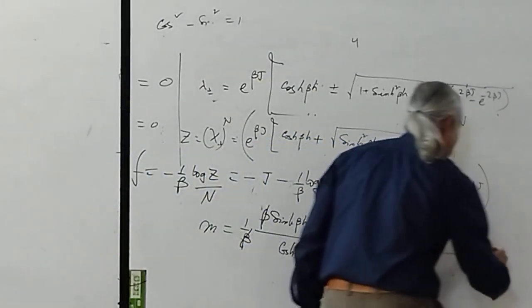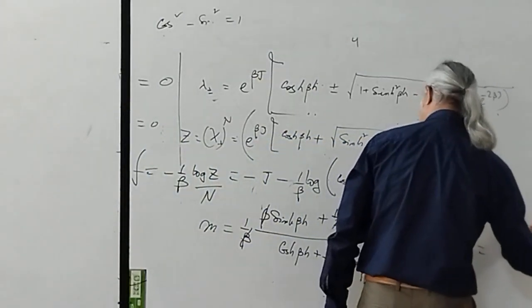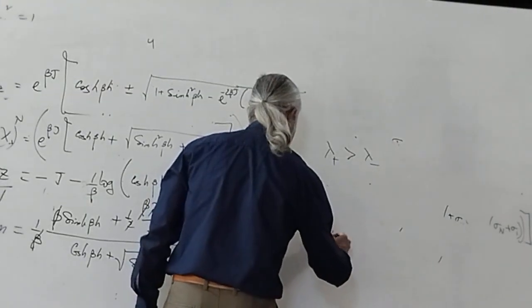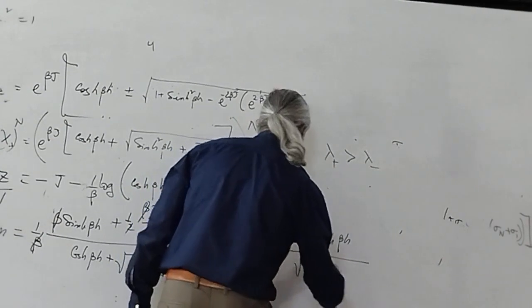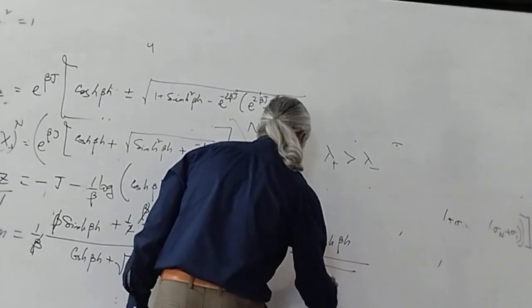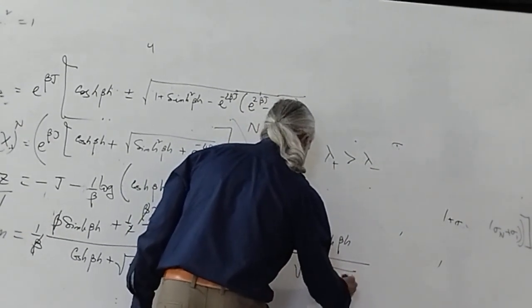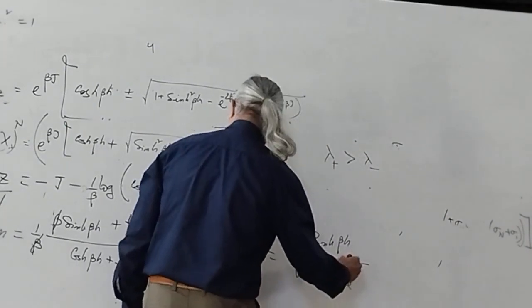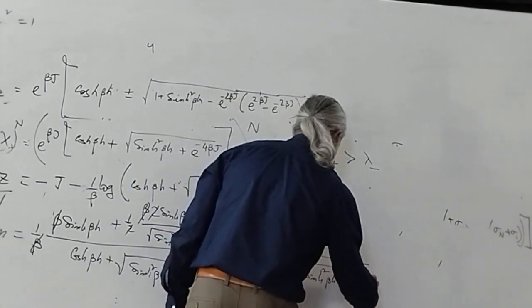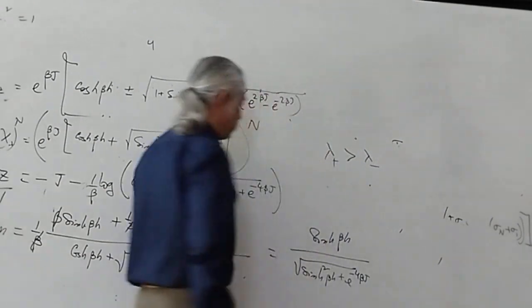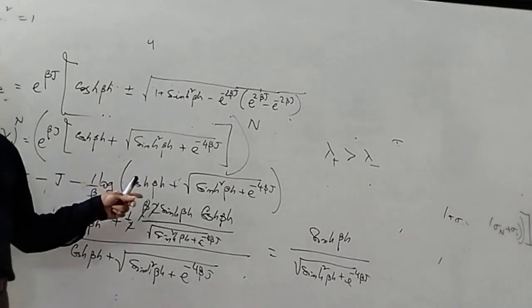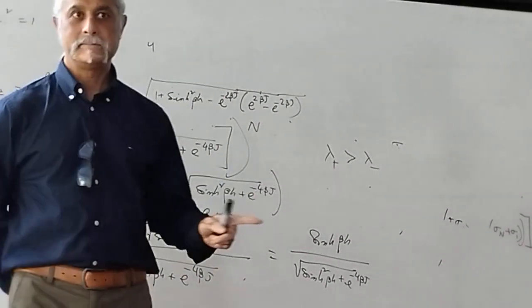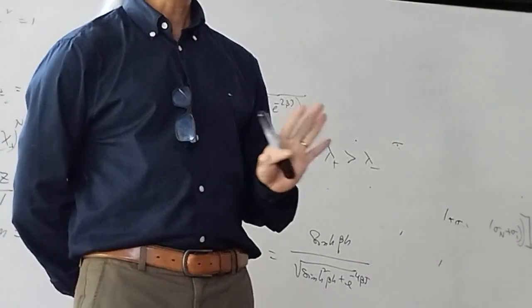So finally we will have sin hyperbolic beta H divided by square root of sin hyperbolic square beta H plus e to the power minus 4 beta J. This is the expression for magnetization. Is it clear from the side?